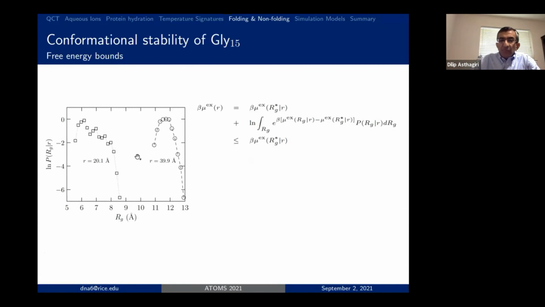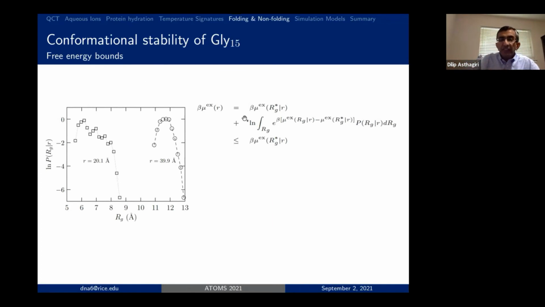Then we looked at the radius of gyration distribution for the different values of the end-to-end distance. What you find is that the difference between the most collapsed structure and the more populated structure is only about 2 kTs. But in this little transition, the hydration free energy change, which is always negative, is far higher.